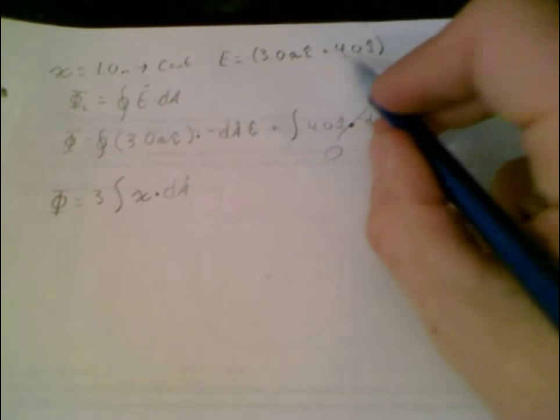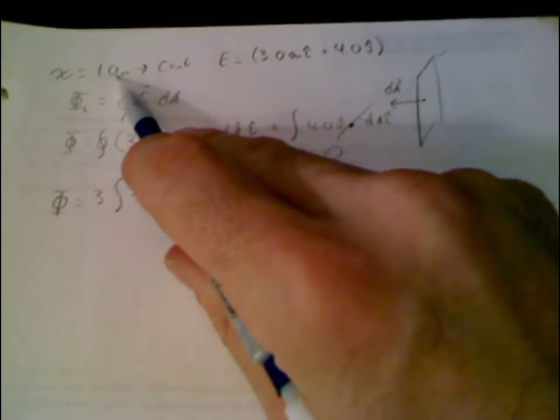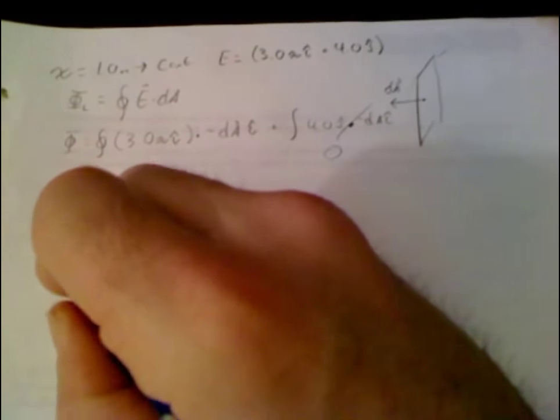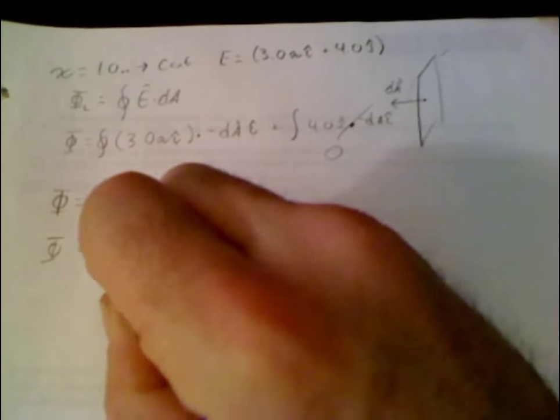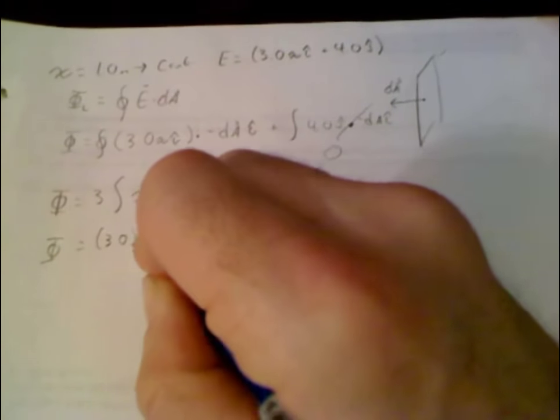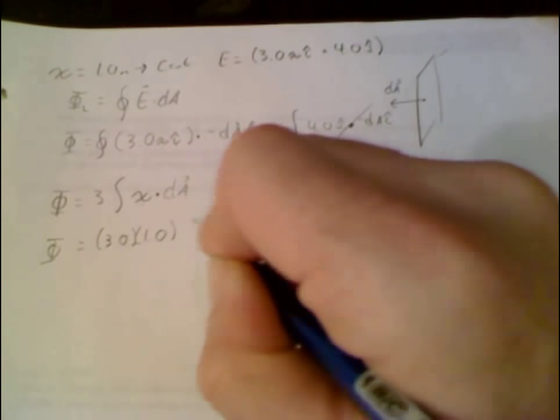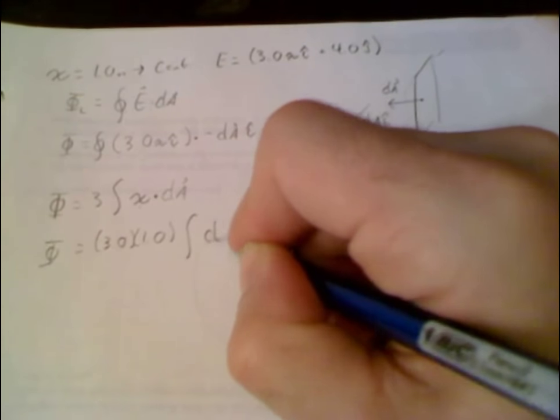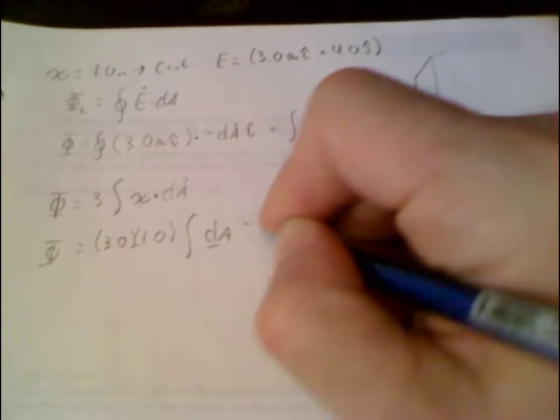I know that x this time is not 3, this time it's 1. So my flux is equal to 3.0 times 1.0 times the antiderivative of dA. And when I sum up all those dAs, that's just A.